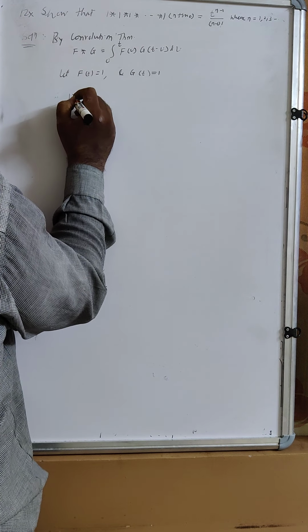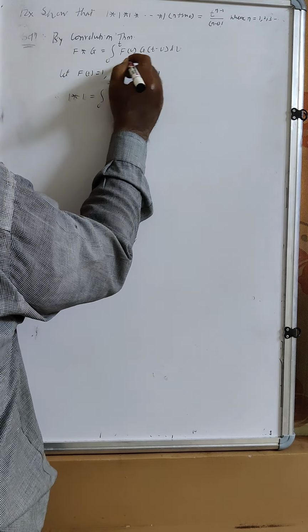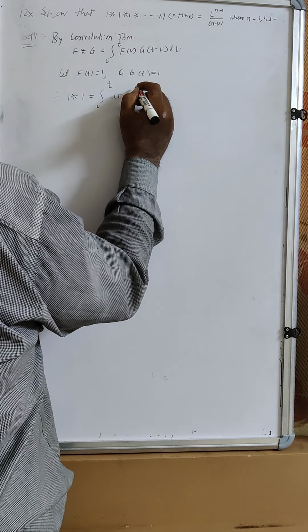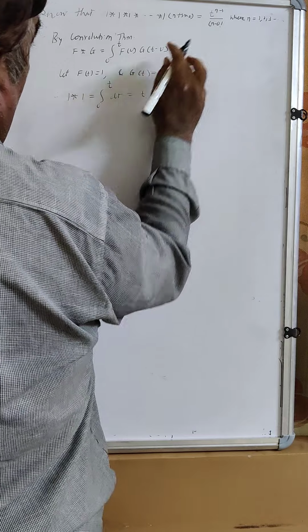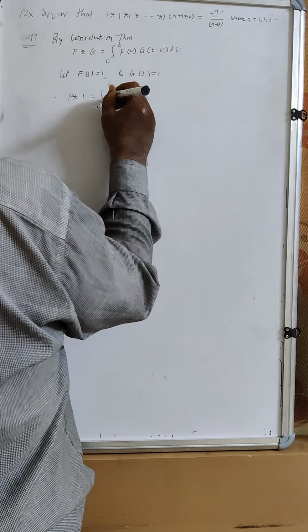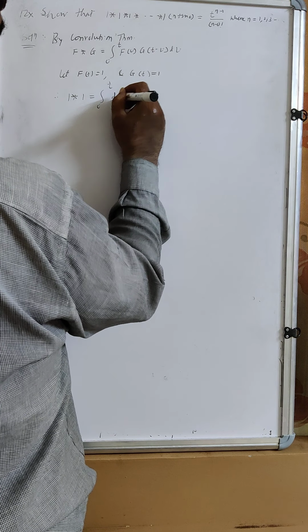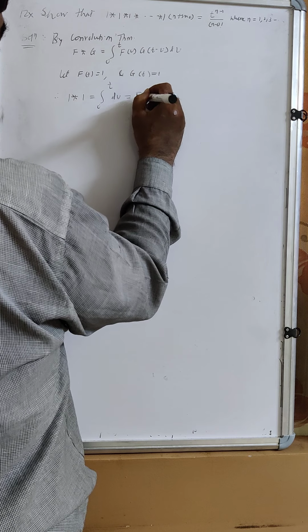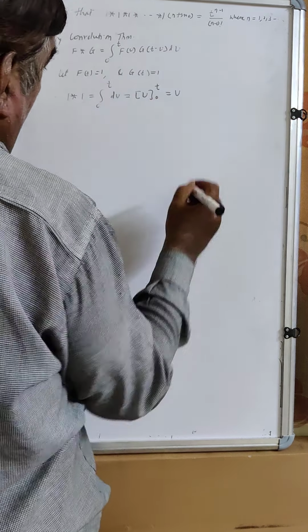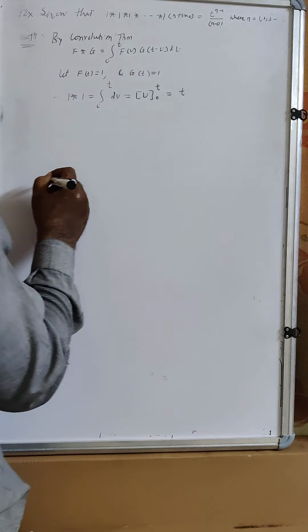Therefore, 1 star 1 is equal to integral from 0 to t of 1 into 1 du, is equal to integration of du is u, from 0 to t, is equal to u from 0 to t, that is t minus 0, that is t only.